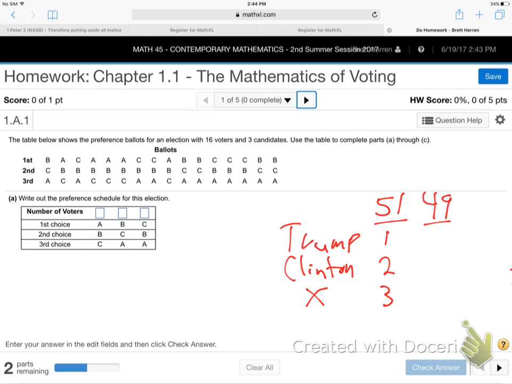And 49 people felt like Clinton was their number one, X was their number two, and Trump was number three.